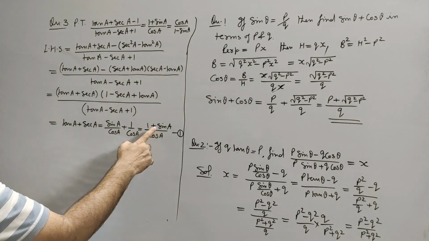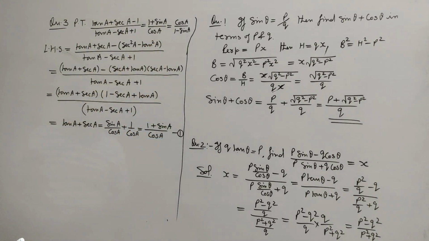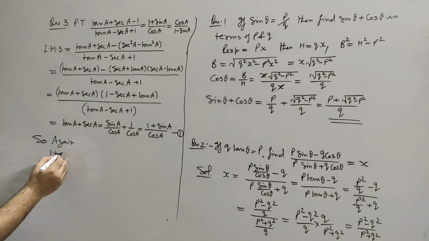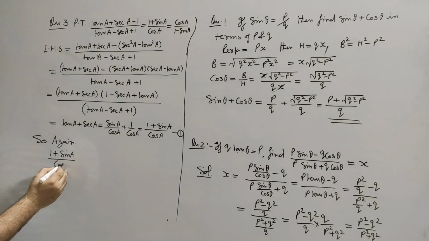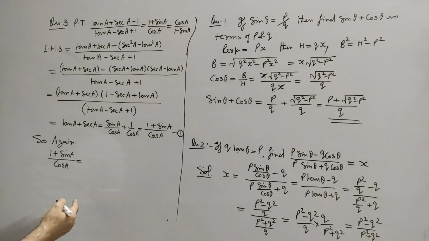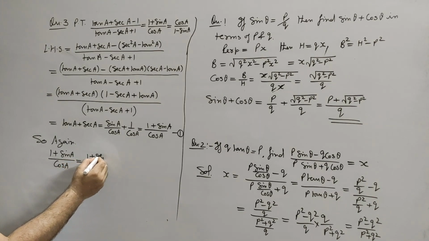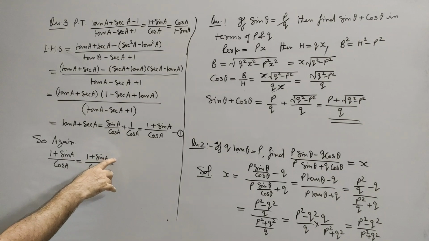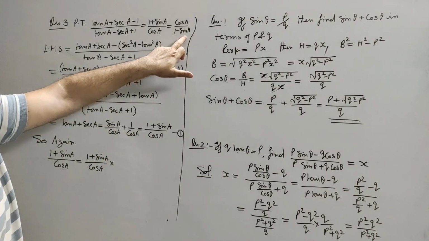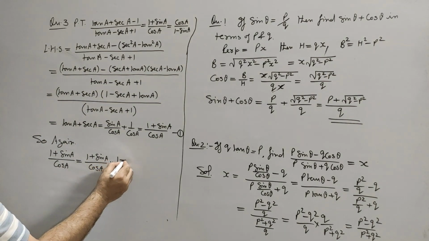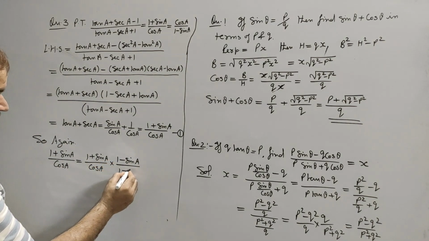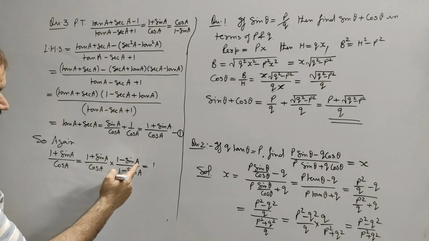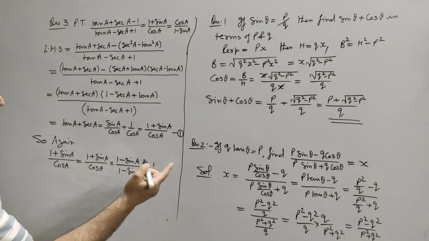Now we have to further prove 1 plus sin A upon cos A equals cos A upon 1 minus sin A. So again, 1 plus sin A upon cos A will be equal to 1 plus sin A upon cos A multiplied by, we will multiply the denominator and numerator both by 1 minus sin A. So 1 minus sin A upon 1 minus sin A. This will make 1 square minus sin square A, because A plus B into A minus B is A square minus B square.